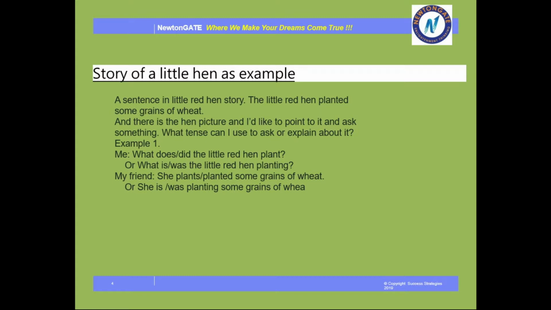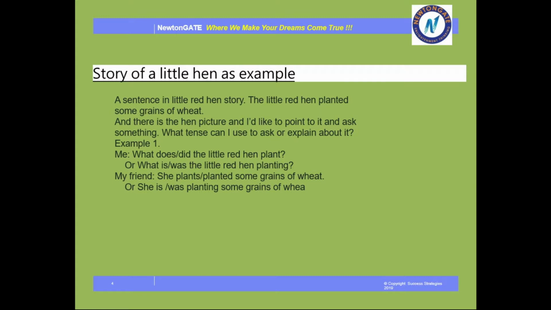What tense can I use to ask or explain about it? Now you can create any imagination by seeing that picture. Maybe it is in past tense, maybe in present tense, maybe in future tense. Whatever you can think, but I am giving you a short example on that.